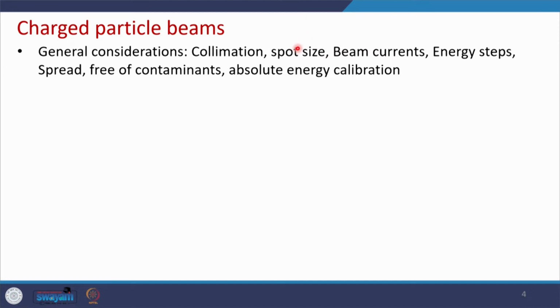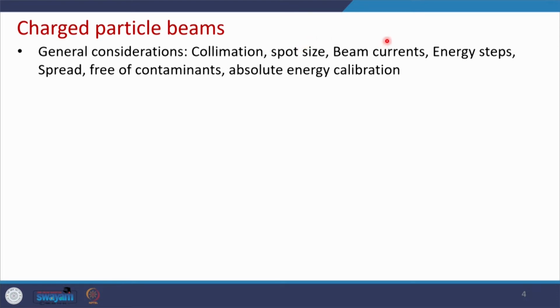Of course, the spot size diameter should be less than the area of the front surface of the target material, and the better the spot size, the better the quality of the nuclear reactions. And this is where beam optics comes into the picture.